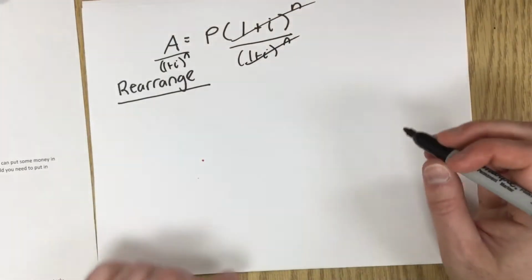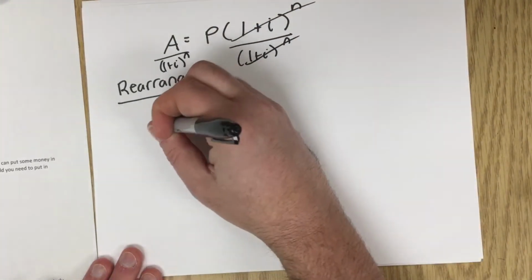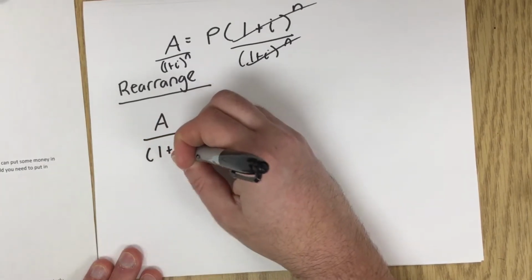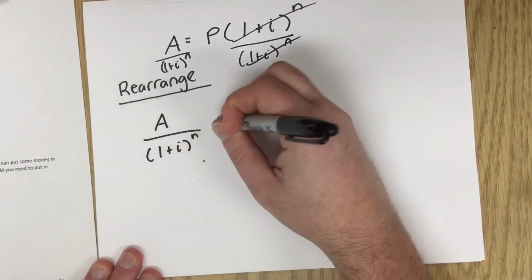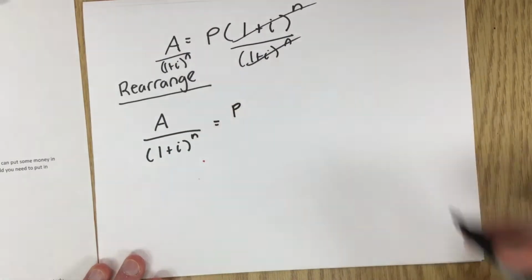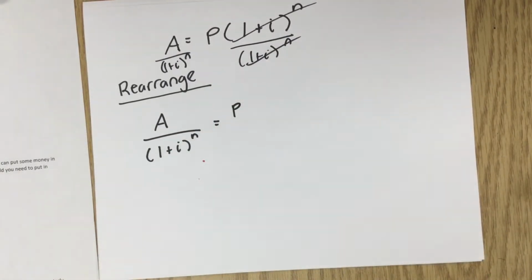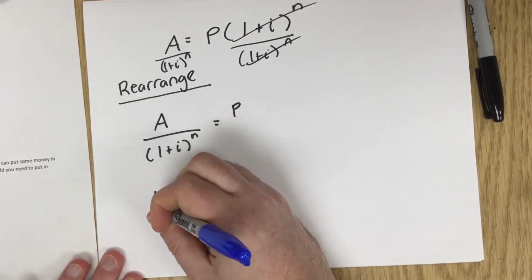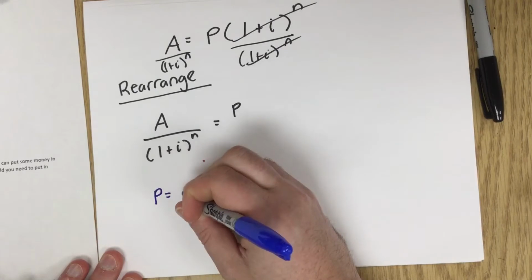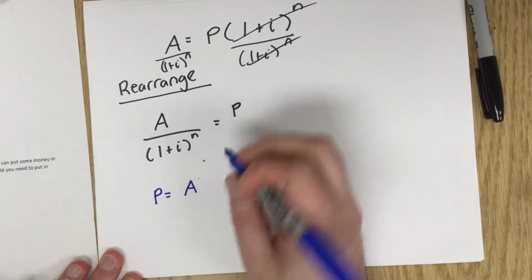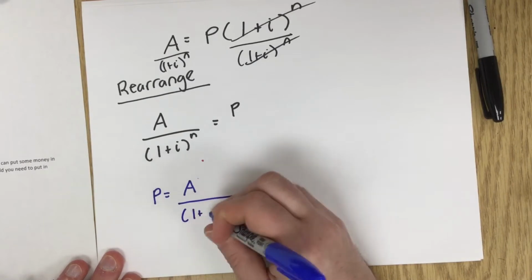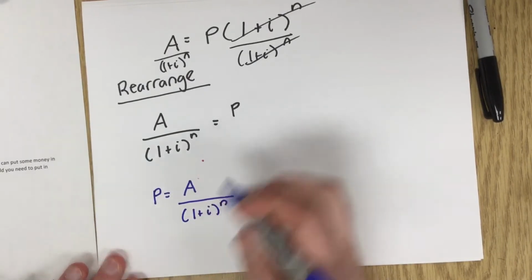And so we're going to get A over 1 plus i to the power of n equals P. And ta-da, that's all the rearrangements, actually. We're done. So writing it in a more traditional way, the present value is going to be the future value, the A, divided by 1 plus i to the n.